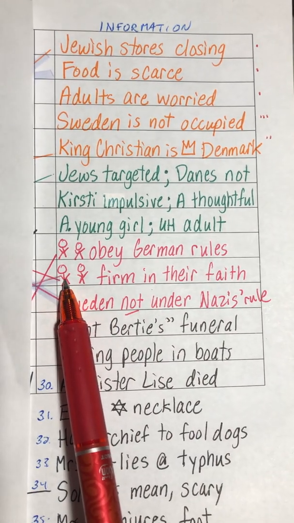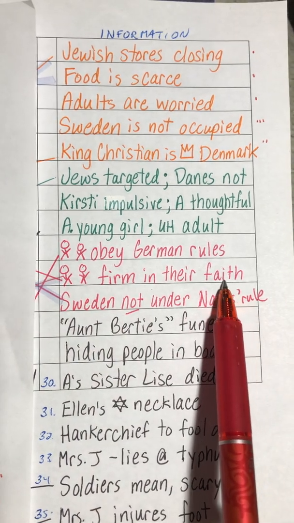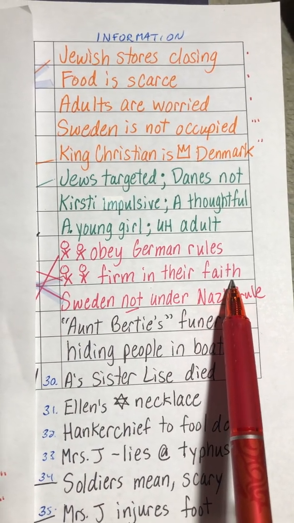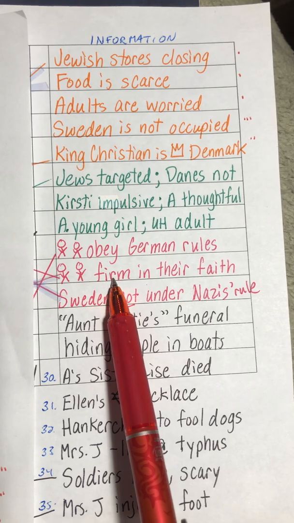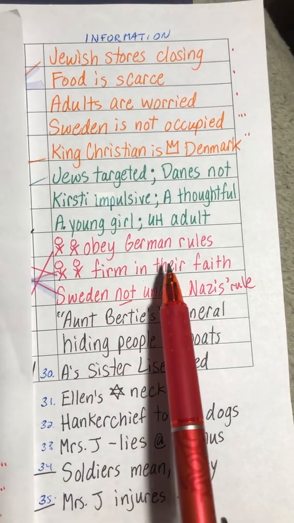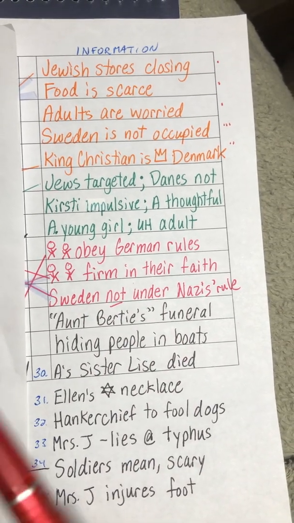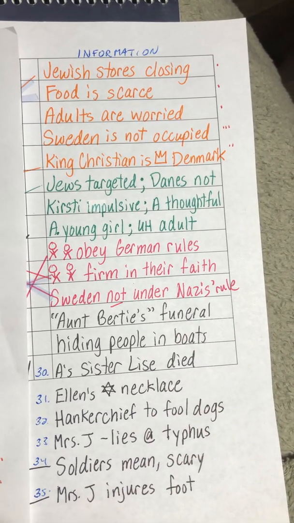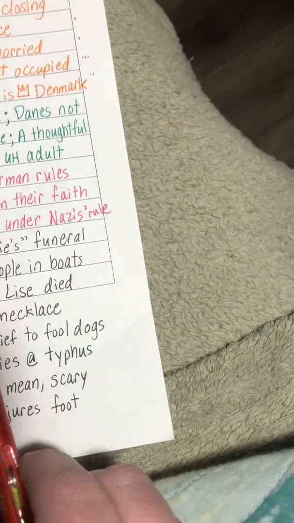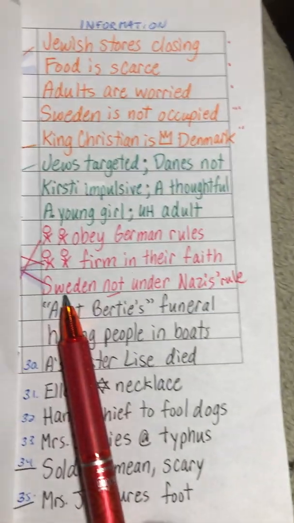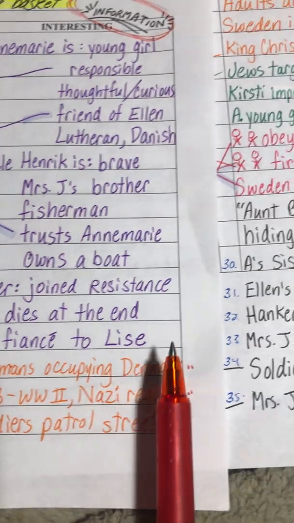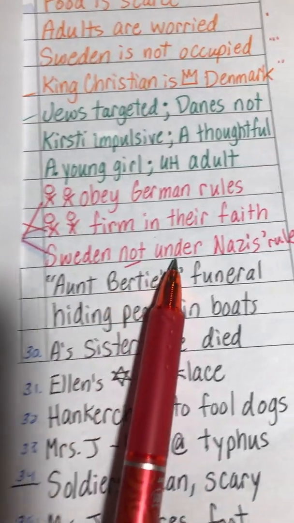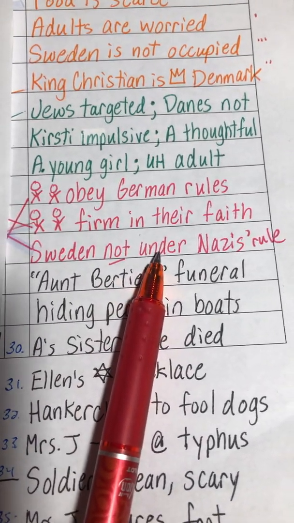We also noted that God is our authority, and people were standing firm in their faith, both the Jewish people as well as the Danish people, staying firm in their faith to help others. In terms of other rules or authorities, although Germans are occupying Denmark, Sweden is not under Nazi rules, so that was a difference.